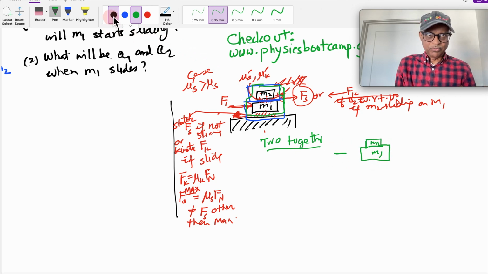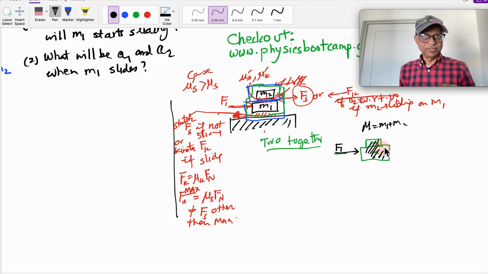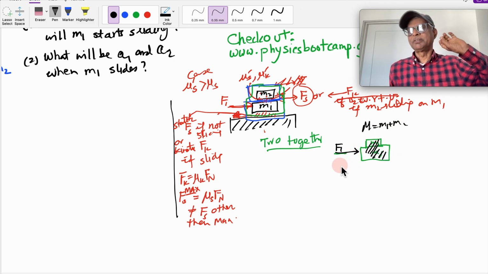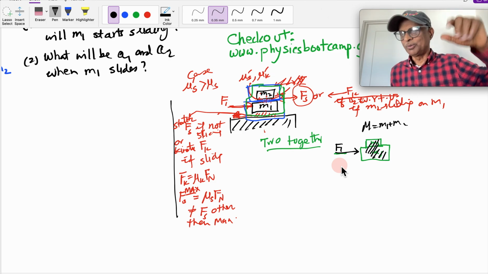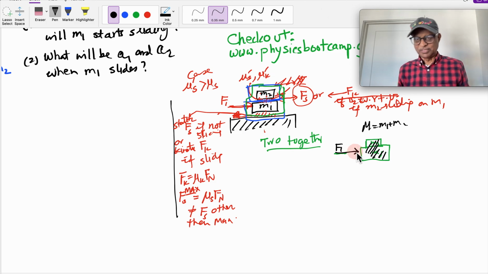So outside forces, let's use different ink. You have F1. And now this system, its mass is M1 plus M2. You don't worry about what's inside. Like if you're looking at the motion of a car, you're not looking at the inside of the car, all the different things that may be moving. You're just looking at the center of mass.